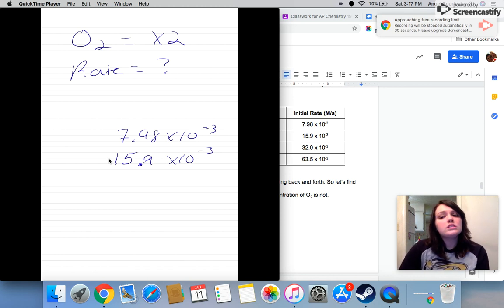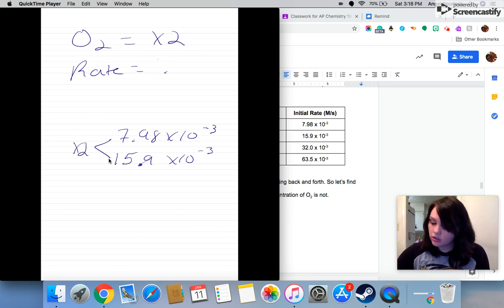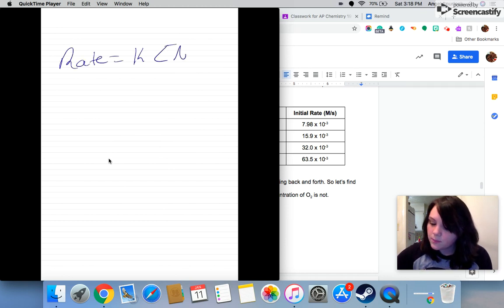Now we know that this is not zero order because the rate did change, and it doubled. If you were to do this on your calculator, you would see that it doubled. So which order tells us that when concentration doubles, rate will double? That's first order. And so the overall rate law for this problem would look like this.